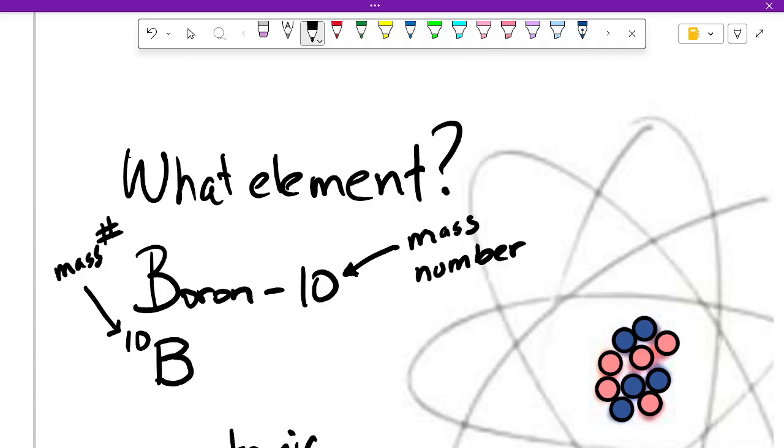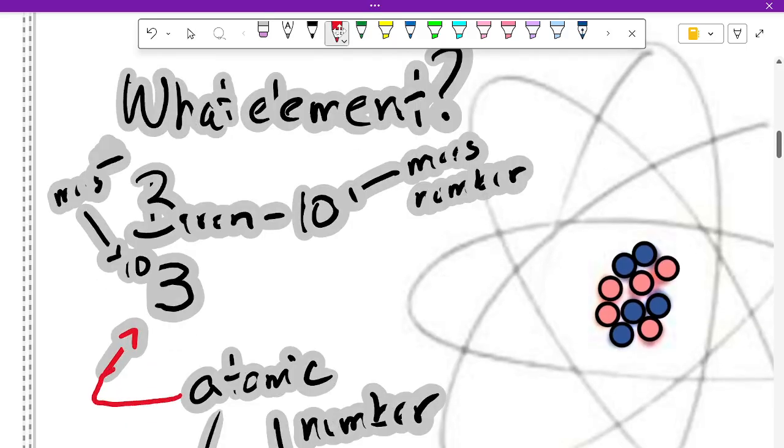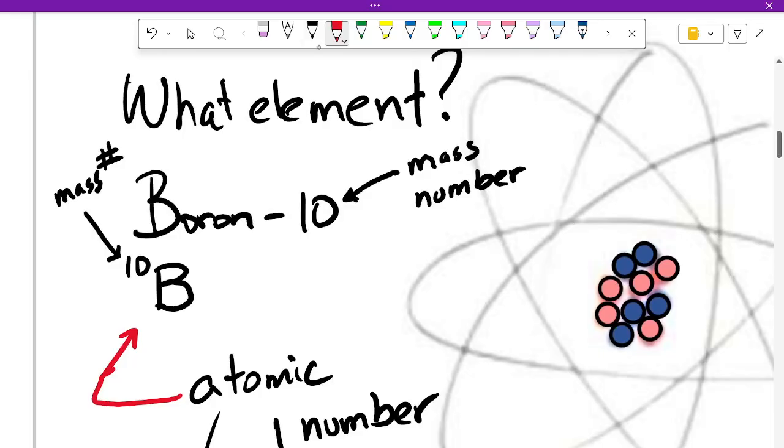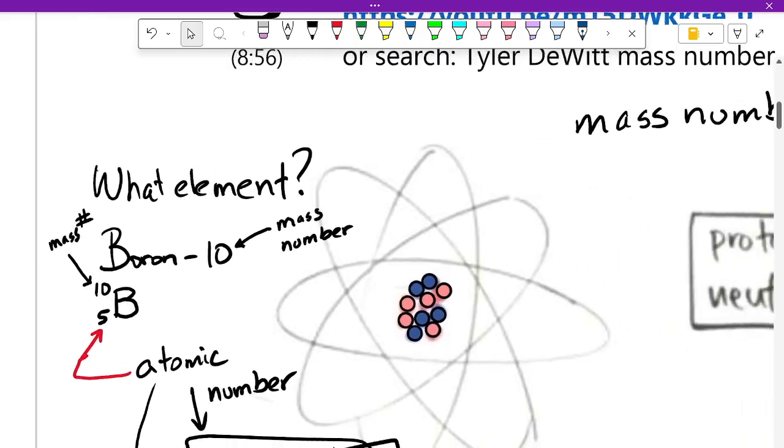What number goes down here? That's our atomic number, yeah. So the atomic number goes down there, and so that's going to be a 5. Okay. So that is our element that we have so far.